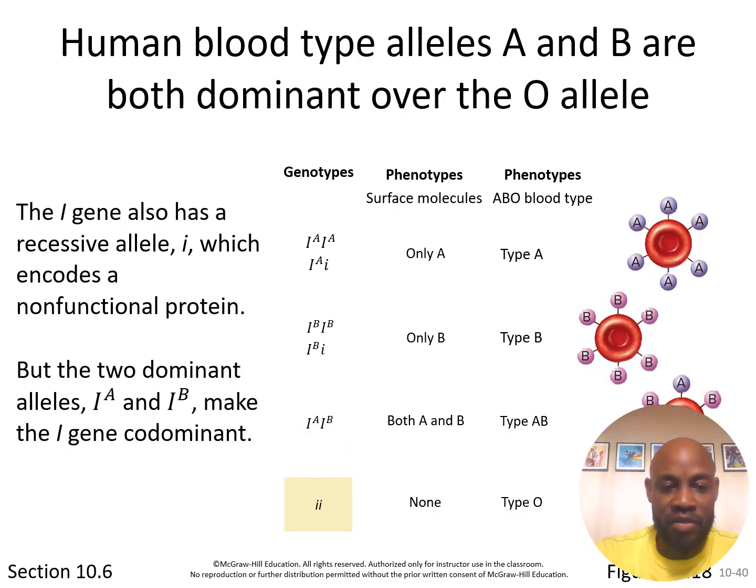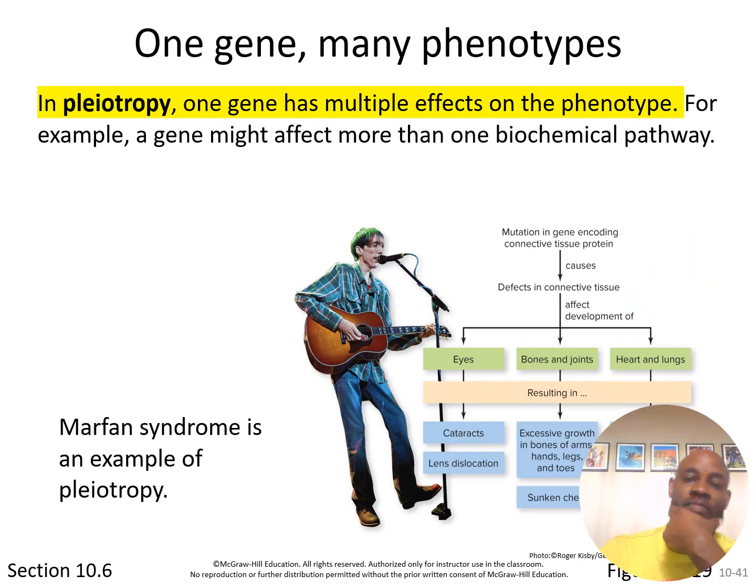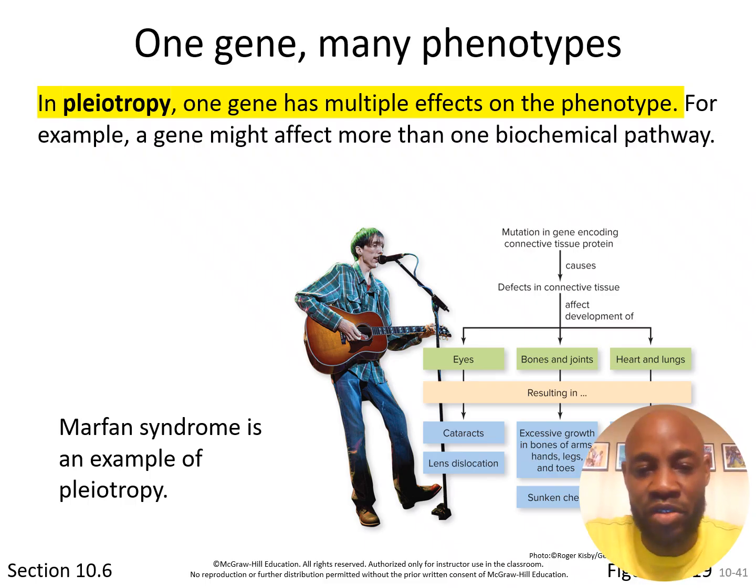Then you can also have type O blood, which has neither one dominant. That's the recessive version where you don't have A or B. We also have what is called pleiotropy, where one gene has multiple effects on a phenotype.